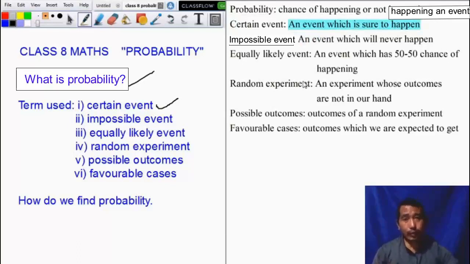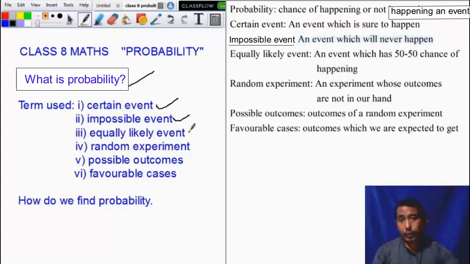That is sure to happen. And just the opposite for certain event, we have impossible event. Impossible event means an event which will never happen. Like if this year is 2020, next year cannot be 2019, which will never happen.